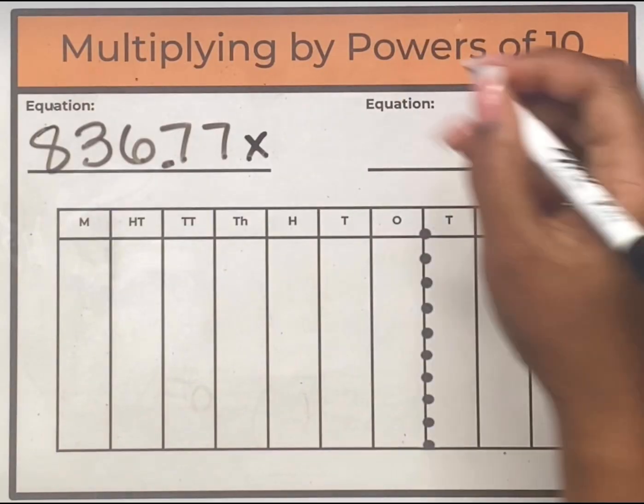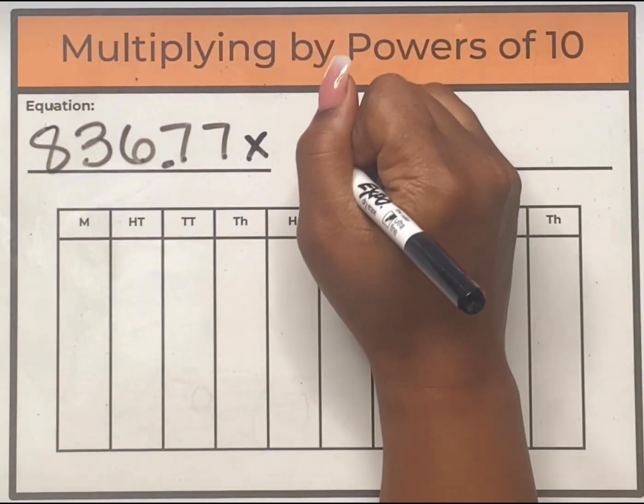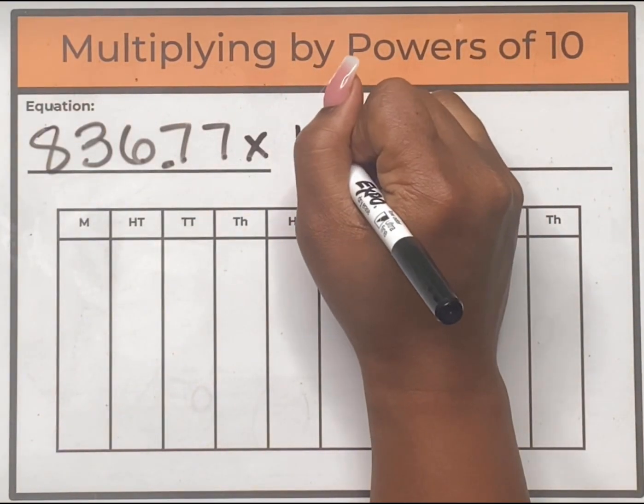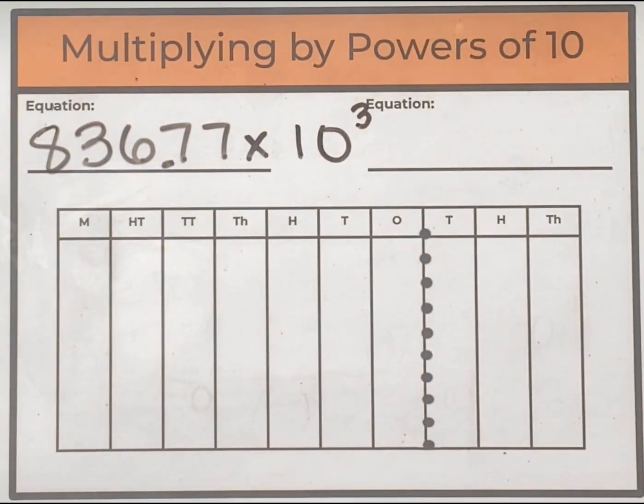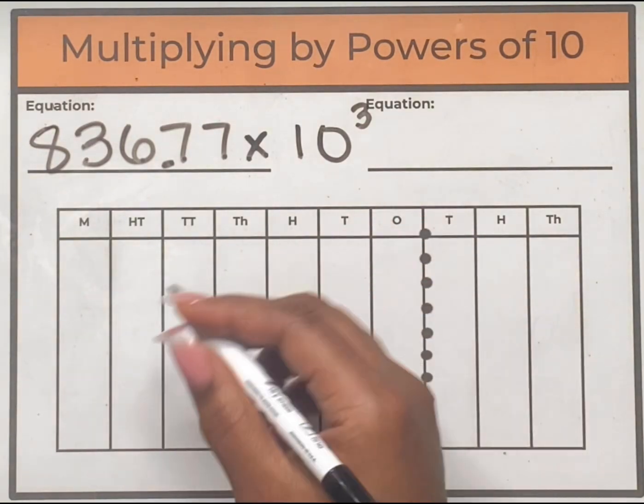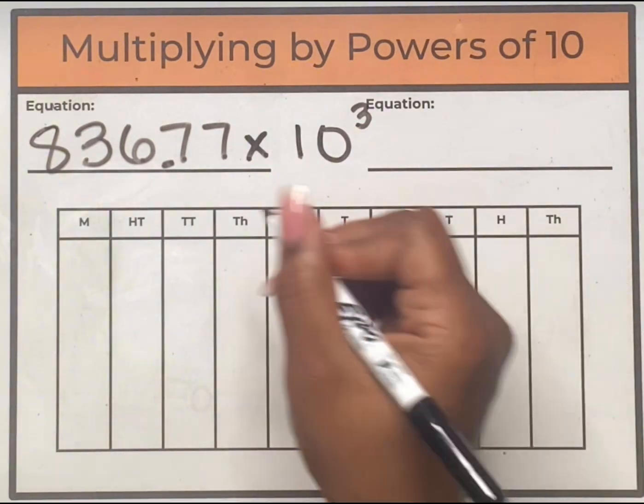836 and 77/100 times 10 to the third power. Pause the video and try independently. I'm going to continue to finish the lesson. Unpause it when you're ready.